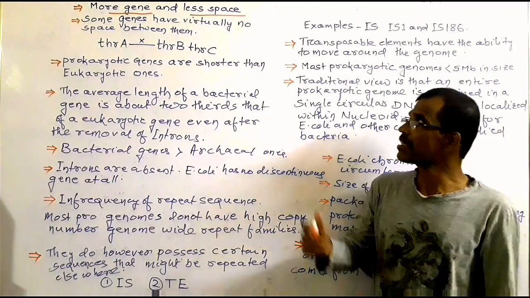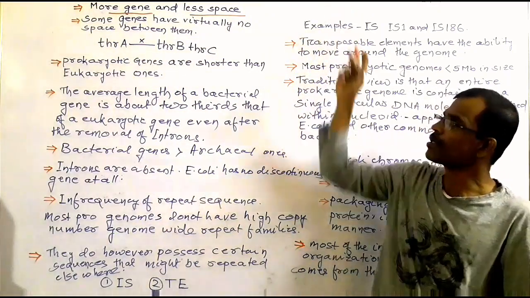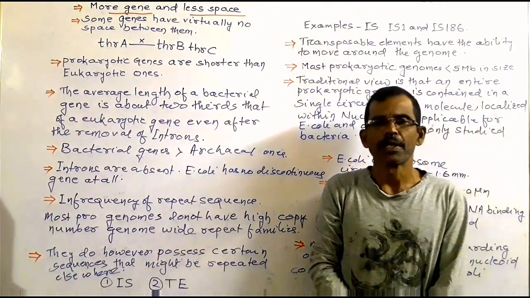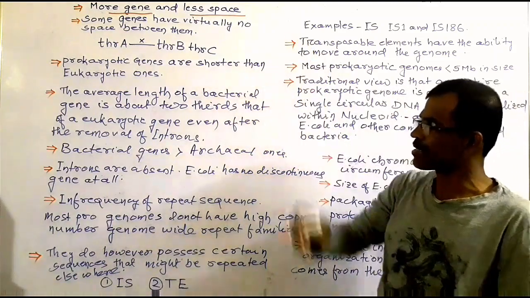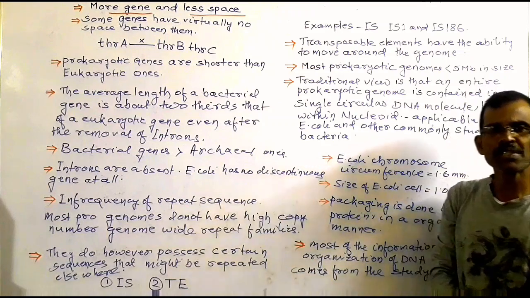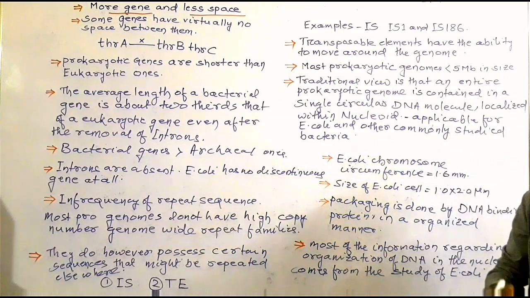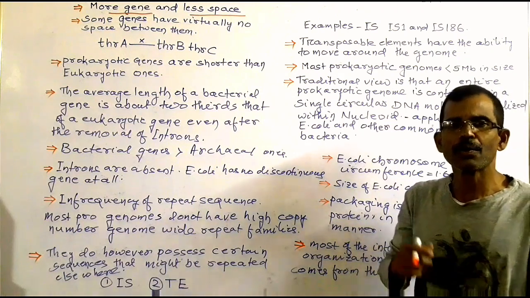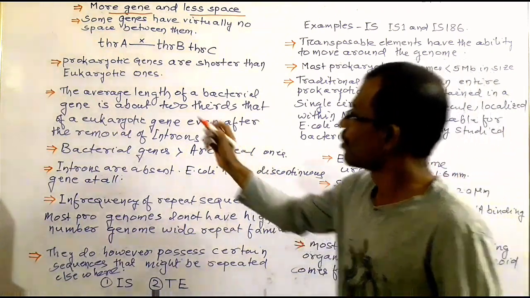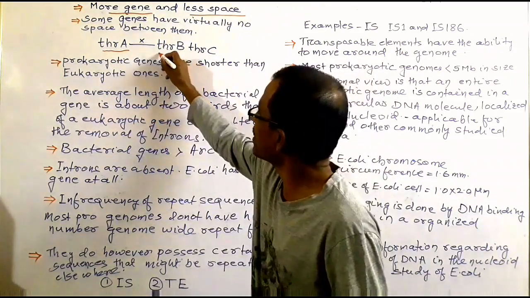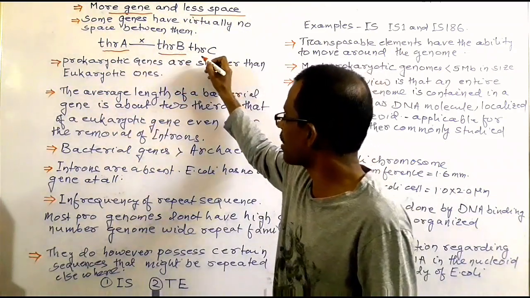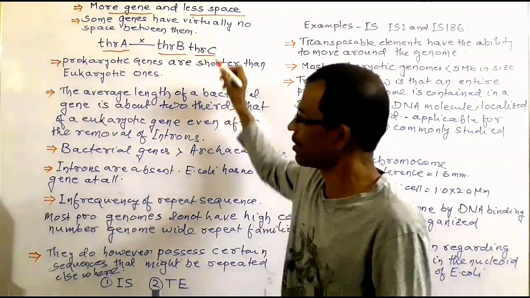Friends, we are discussing prokaryotic genome organization. In prokaryotes, there are more genes and less space. Some genes have virtually no space between them. Take an example. In E. coli, there are 3 genes: thrA, thrB, and thrC.